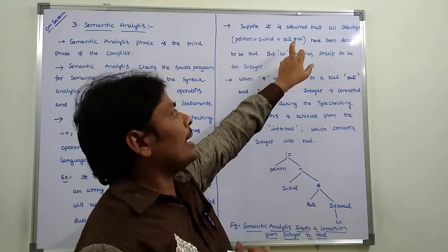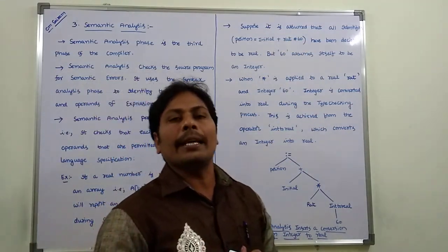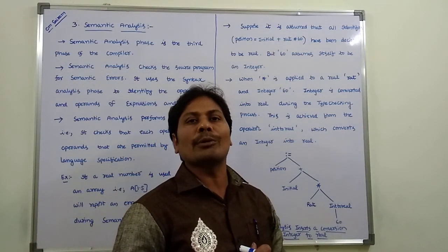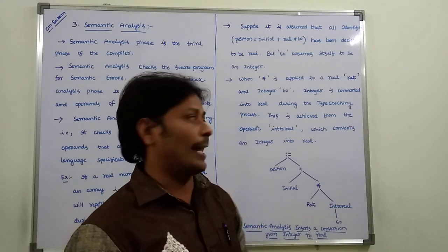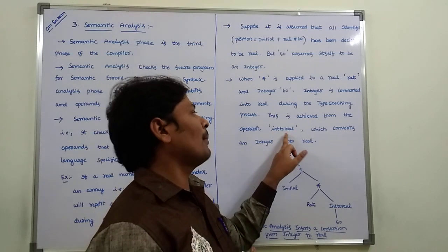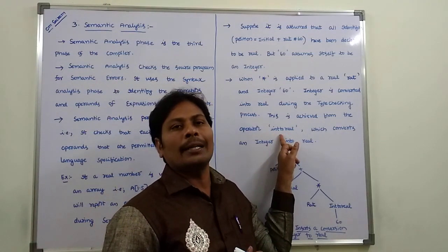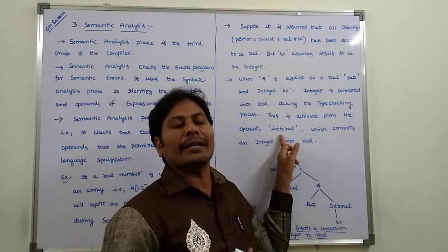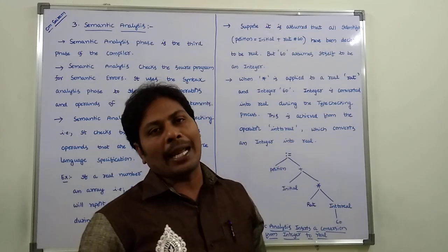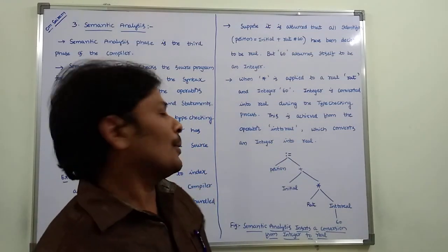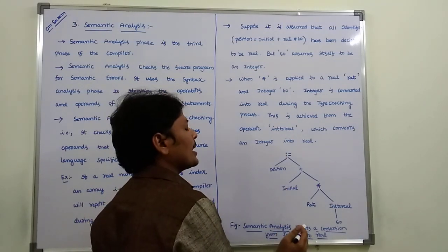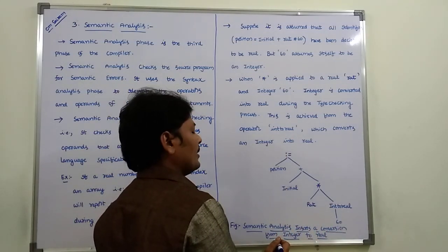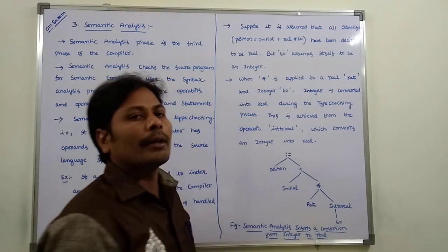Here the integer 60 can be converted into real by using an operator called int to real. By using this operator we convert our integer into a real number. This tree is called semantic analysis inserting a conversion from integer to real.